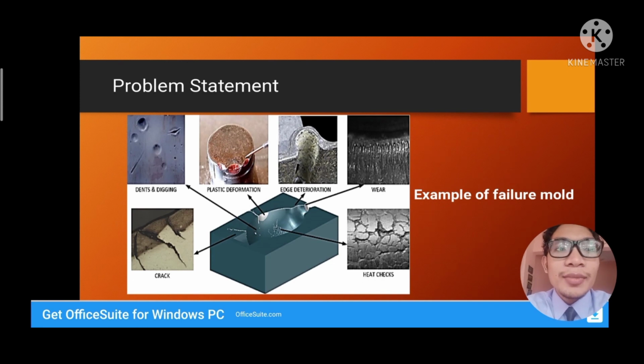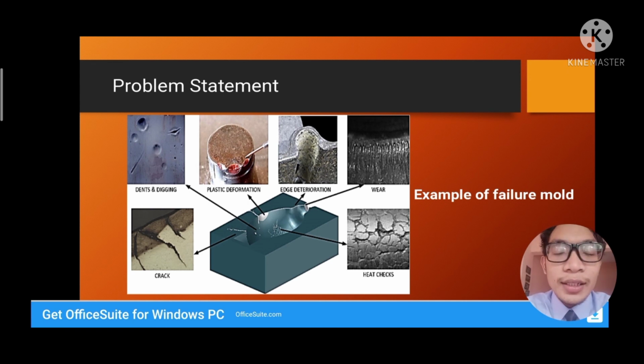For the problem statement, this is an example of a failed mold, which will be dented and dig, with plastic deformation, wear, deterioration, heat checks, and cracks.